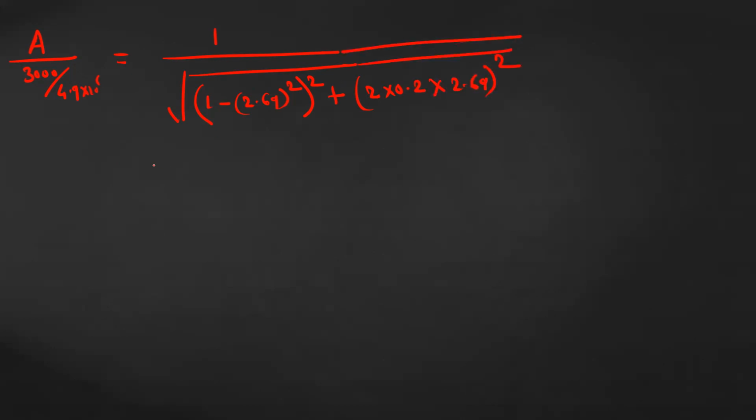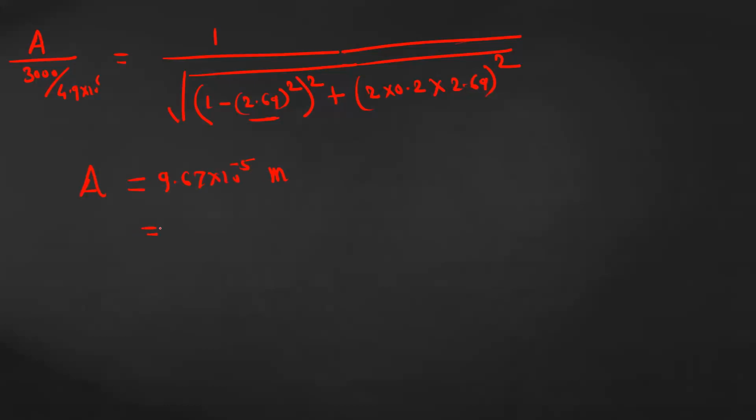Whenever you write this equation, do not forget to square this term. In the bracket we have r square, and again the complete bracket square. Most of the students commit this mistake. They just write 1 minus 2.69 and take the complete bracket square, so they get the wrong answer. So now capital A is equal to 9.67 into 10 to the power minus 5 meter.